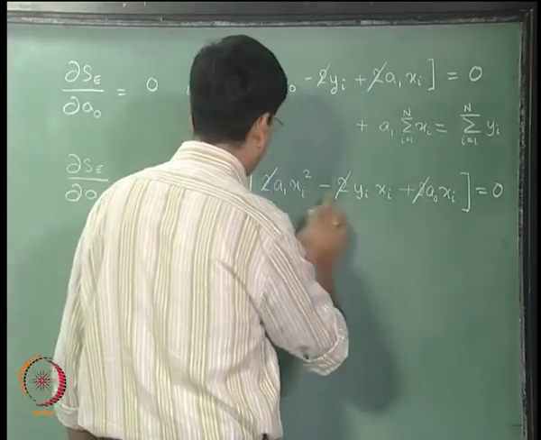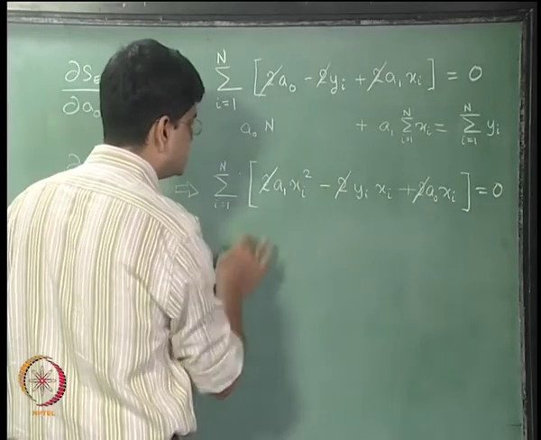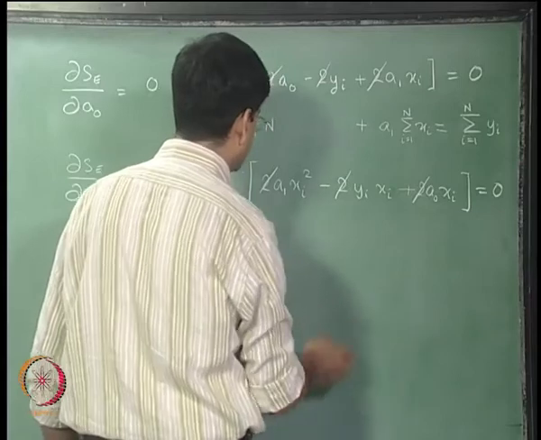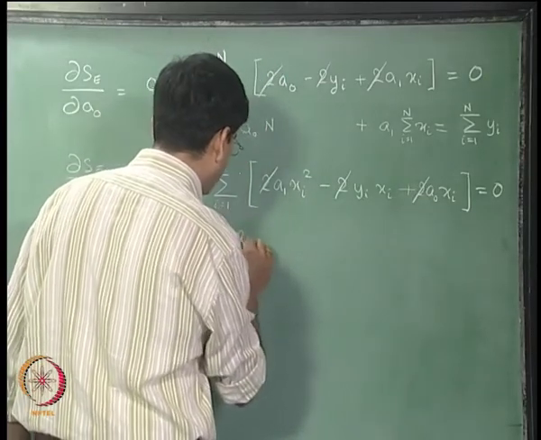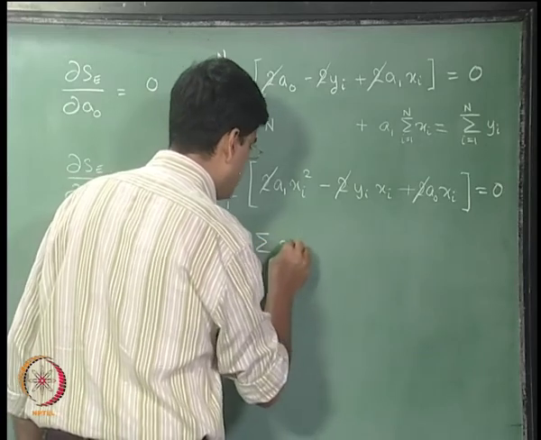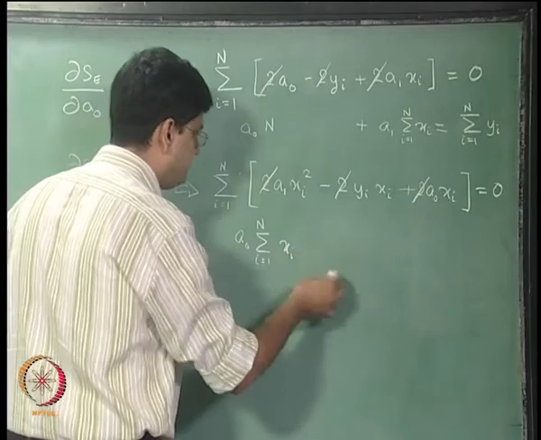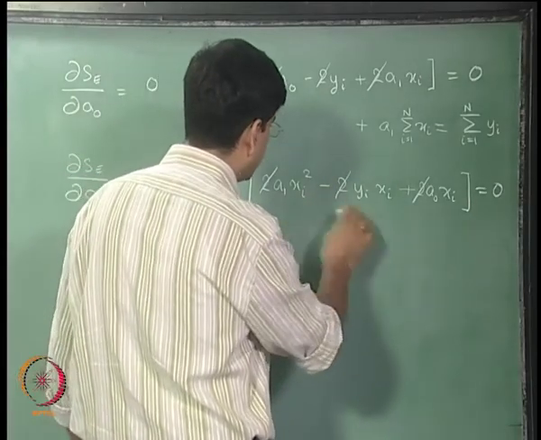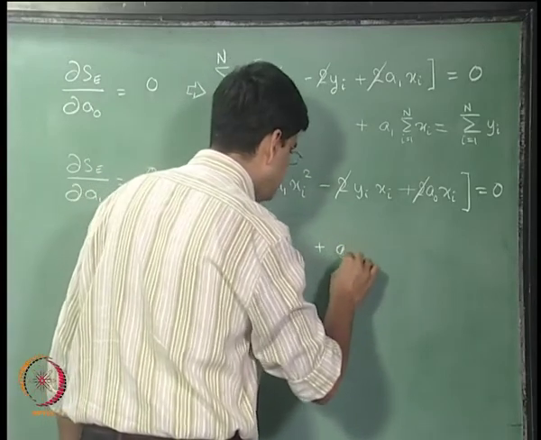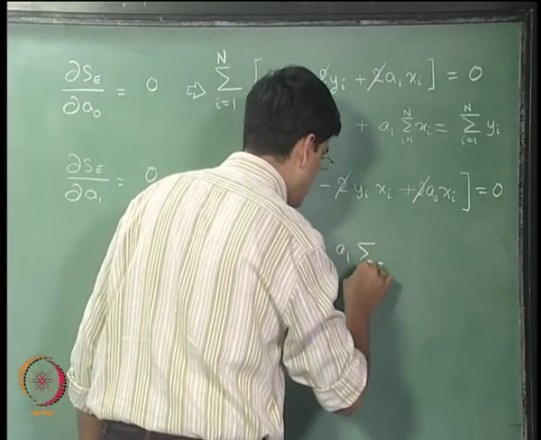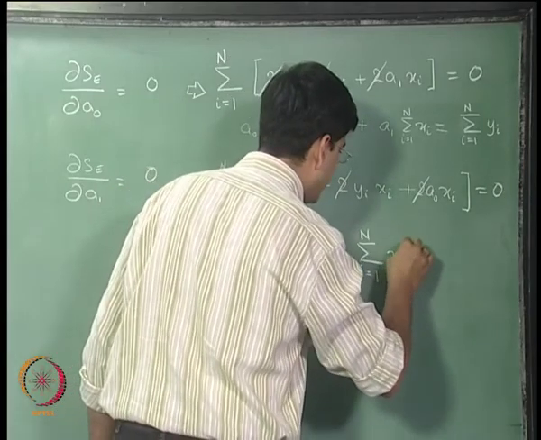We will rearrange it again, so that a0 is our first term, a1 becomes our second term, and so on. So we will have a0 times summation of xi, i going from 1 to n. The second term is plus a1 summation i equal to 1 to n of xi squared.